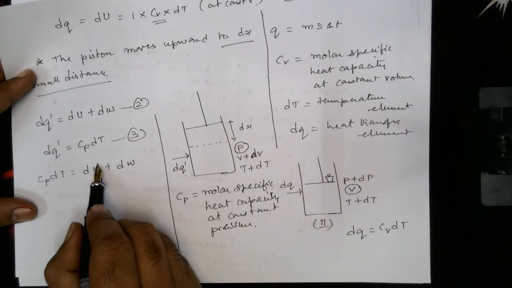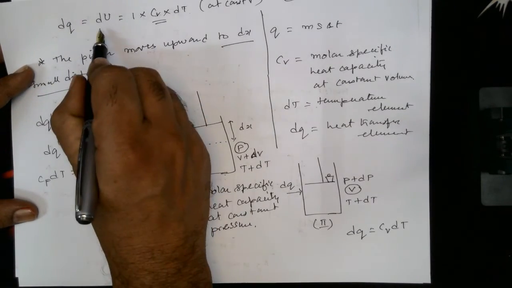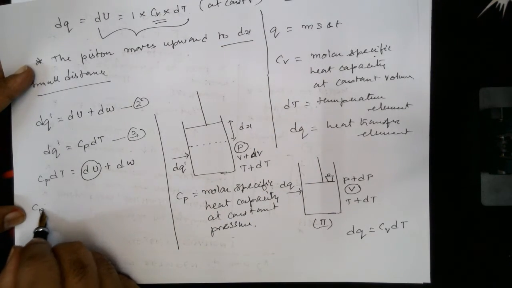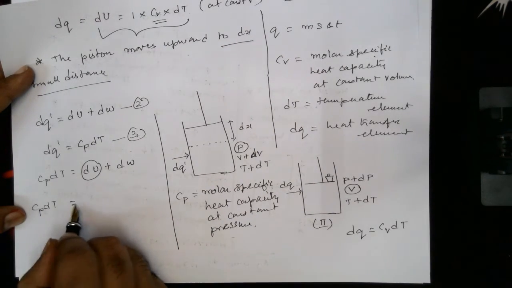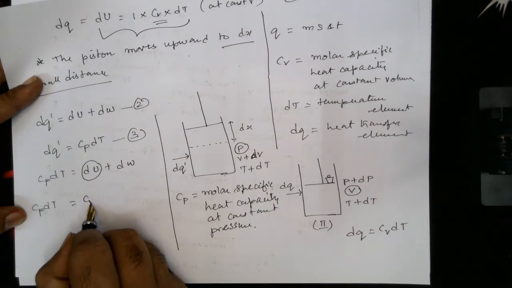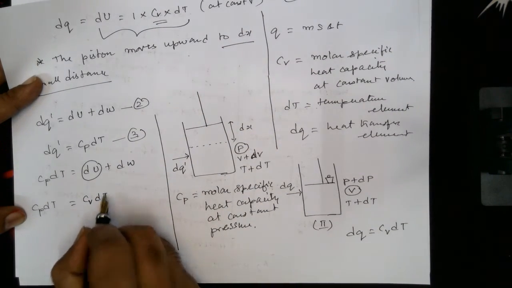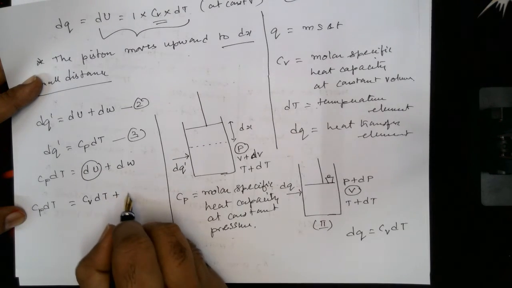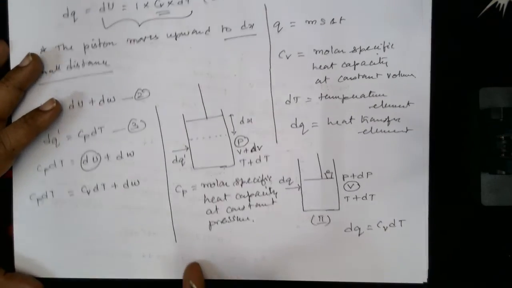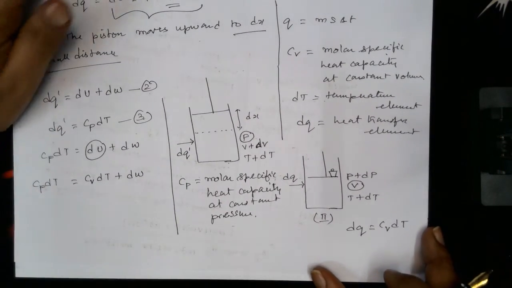So instead of du, I can make use of this equation, is it not? Therefore Cp dt is equal to, instead of du, I can take Cv dt, correct, plus dw. Okay, is it clear?